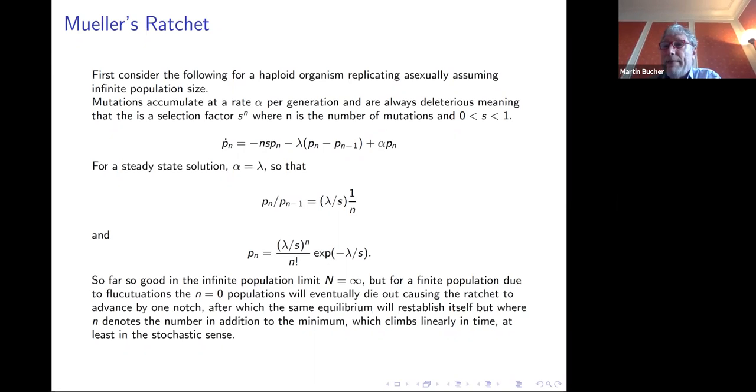And for the female sex, you would have two X chromosomes.